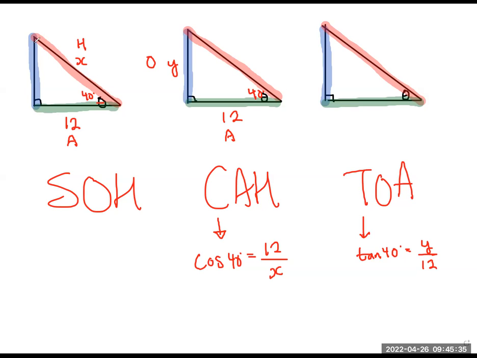The first question, this side has no information, so just ignore it. You're using A and H. In this question, hypotenuse has no relevance to the question, so ignore it. The third question, I didn't make anything, but you get what I'm saying.